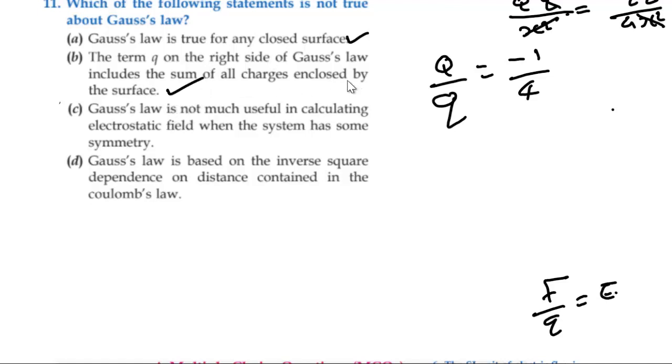And the third one, Gauss law is not much useful in calculating electrostatic field when the system has some symmetry. Yes, only if the system has symmetry can we use Gauss law. It is given that it is not much useful, so that statement is wrong. Gauss law is based on the inverse square dependence on distance. That is also correct.